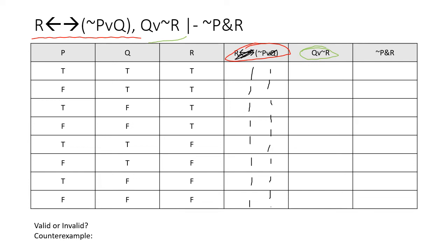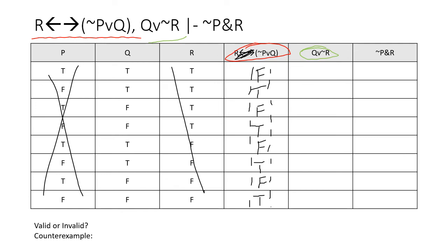So we're going to do this, and we're going to do this, flipping over the values for P. Then we bring back in the wedge. So wherever one of them is true, it's true.